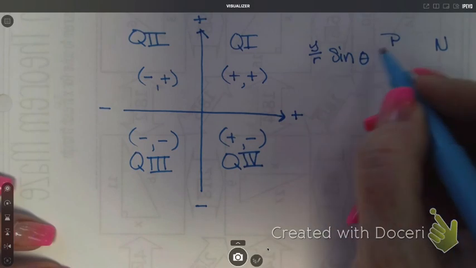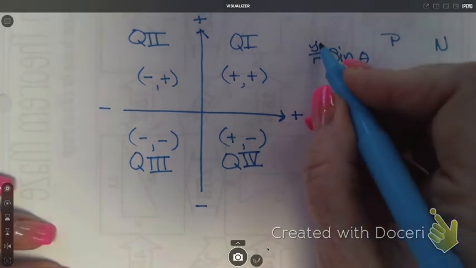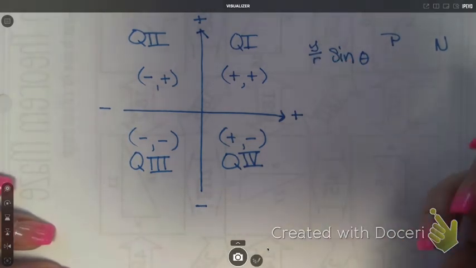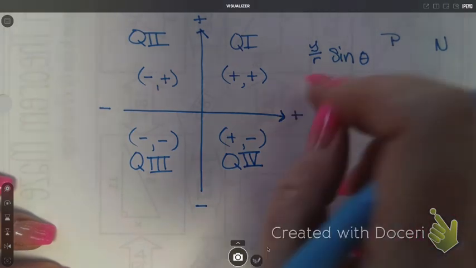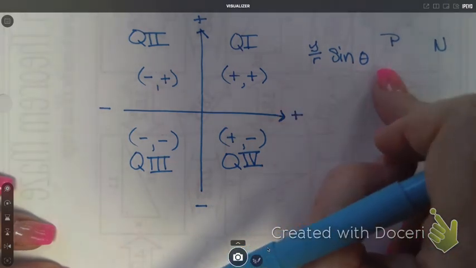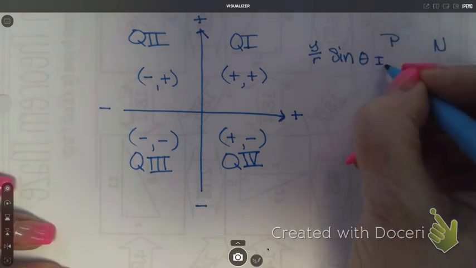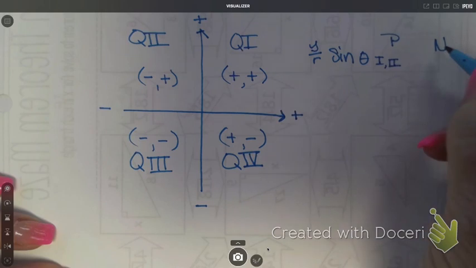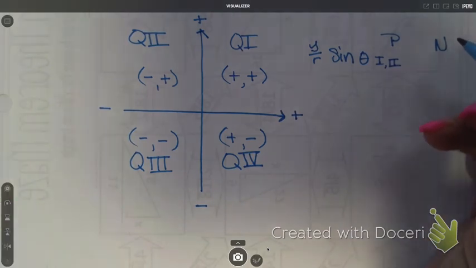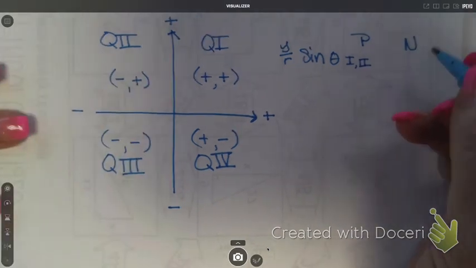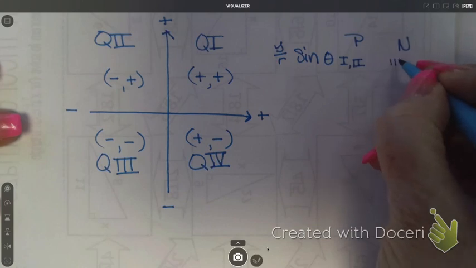So sine's positive when y is positive. So what quadrants does that make sine positive in? I and II. And if it's not positive, it's negative. So that would be III and IV.